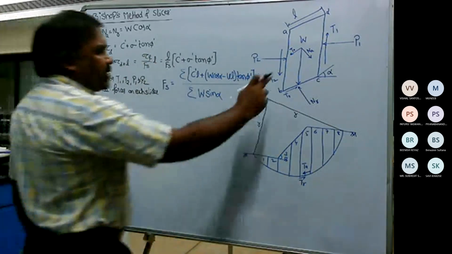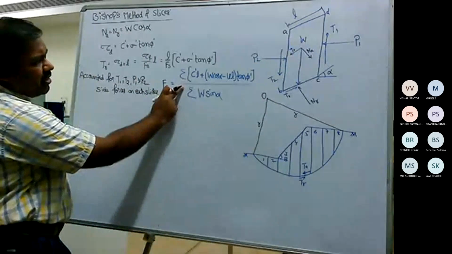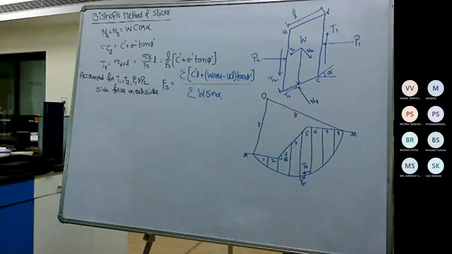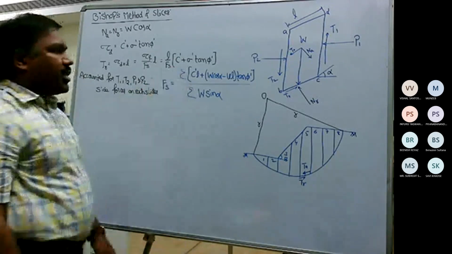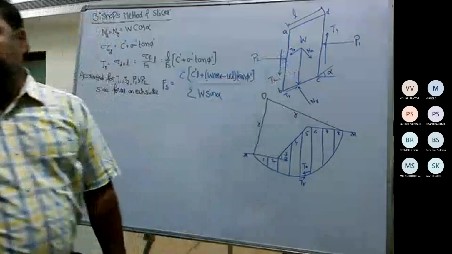He has additionally considered these side forces. Now when you consider P1, P2, T1 and T2, this equation will not remain the same in this form. It will be modified.